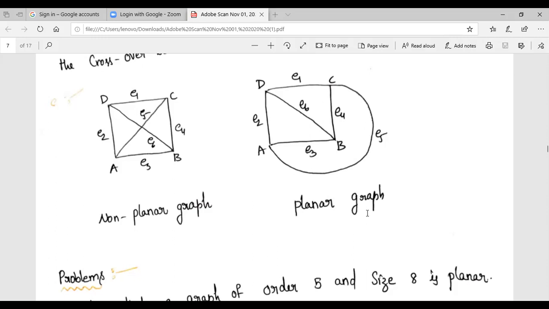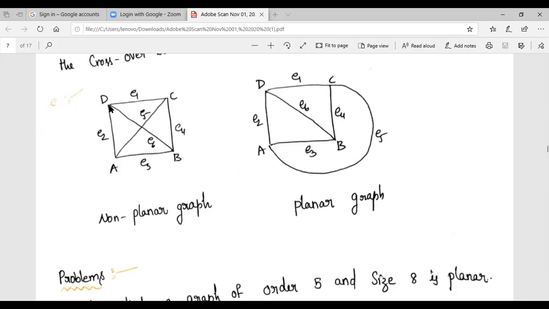So what is a planar graph? We can draw a given graph in a plane in such a way that no two edges cross each other except at a vertex to which they are incident. This is not a crossover point, this is an incident point.